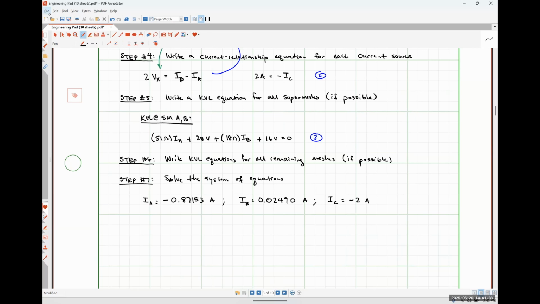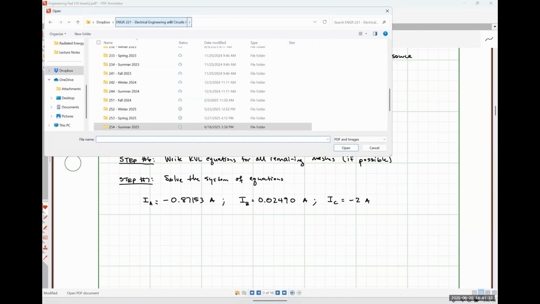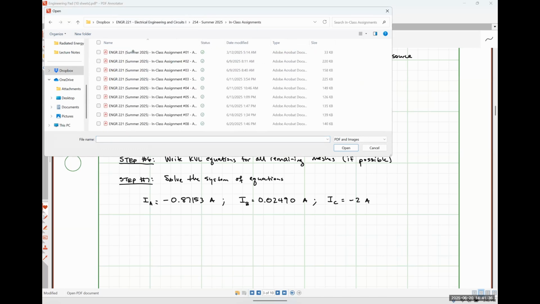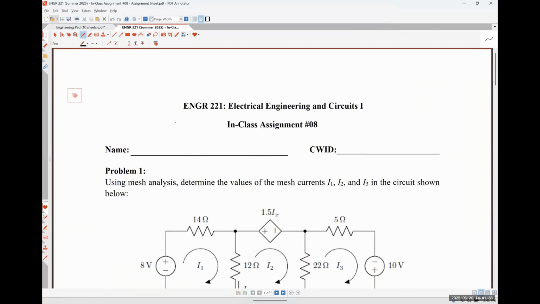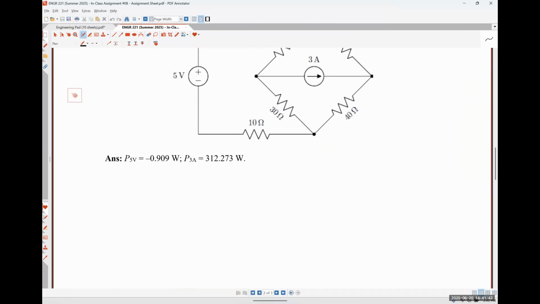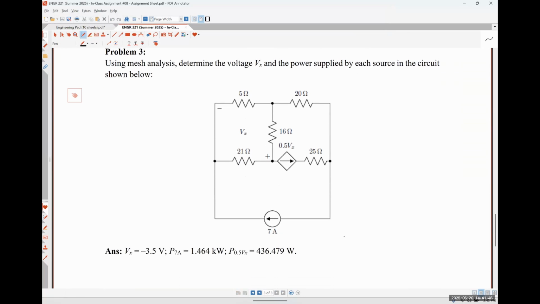All right. So let's look at problem 3 here, okay? So we've got our circuit here.